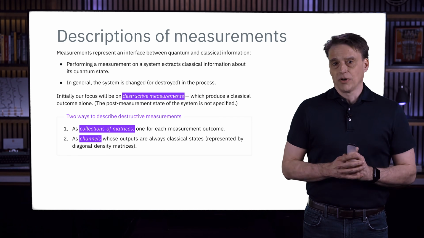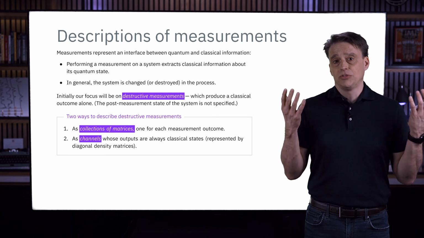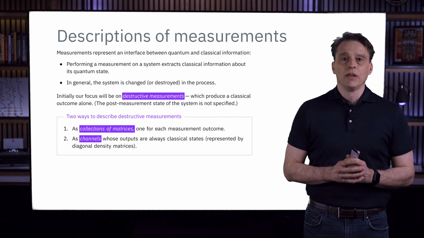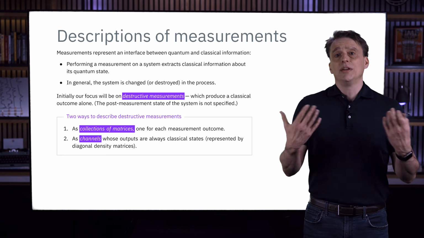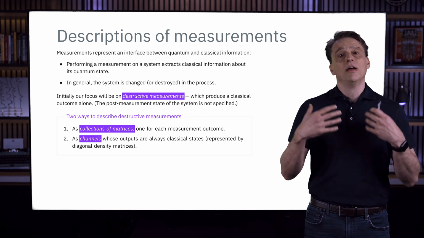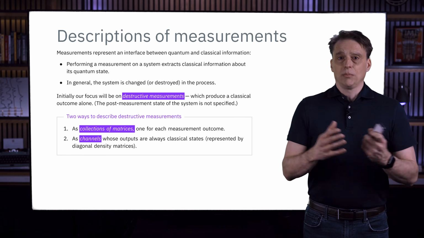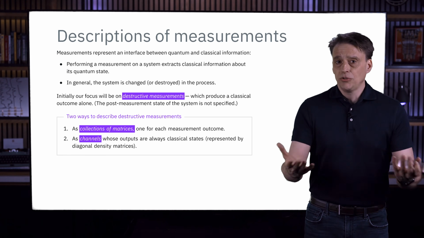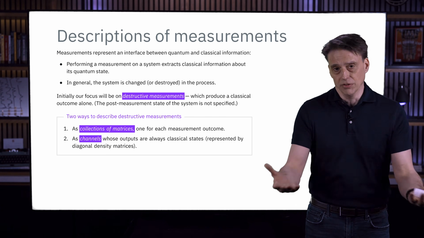A second way to describe a destructive measurement is by a channel, where the input is the state of whatever system is being measured, and the output is always a diagonal density matrix, which we can interpret as a description of a probability distribution over the possible classical measurement outcomes. The two descriptions are equivalent, and that's pretty useful because it allows us to pick whichever description is more convenient in a given situation.